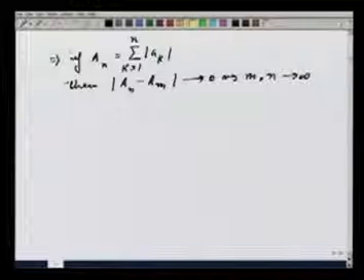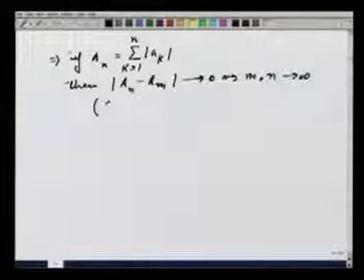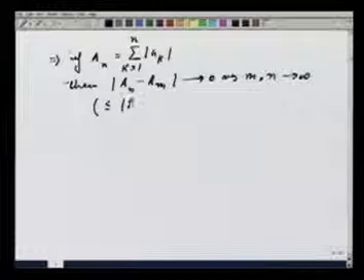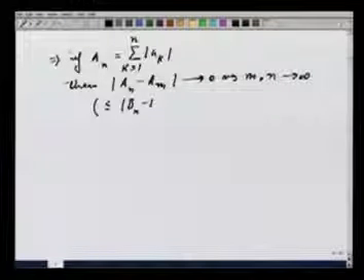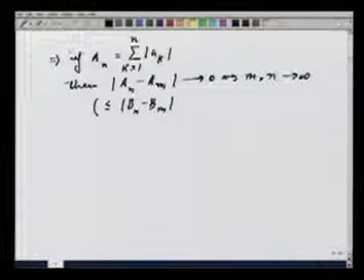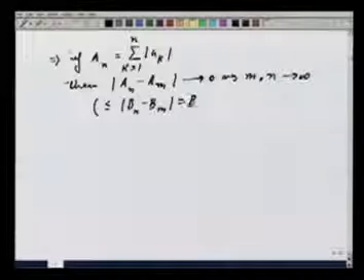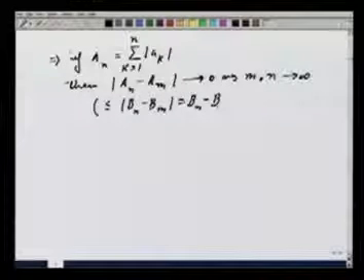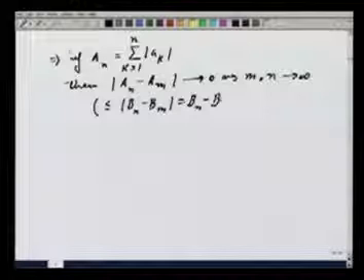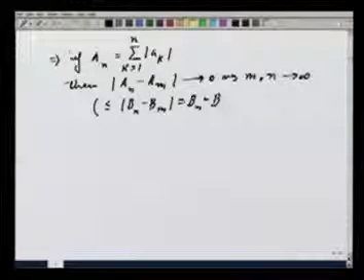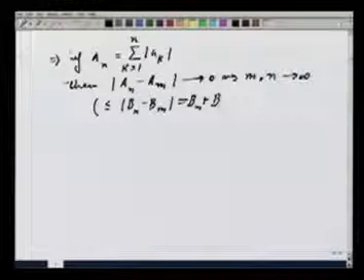because this quantity is dominated by modulus of bn minus bm, which is actually bn minus bm, if I assume n to be bigger than m. Otherwise it is bm minus bn.